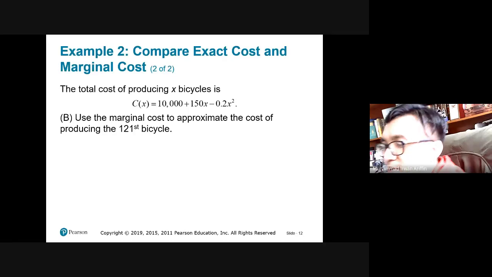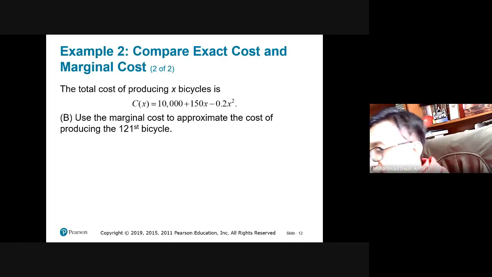Let's try to do this. Can we find the marginal cost? Of course we can. So how do we find the marginal cost here? The marginal cost, C prime of x, is given by 150 minus 0.4x.